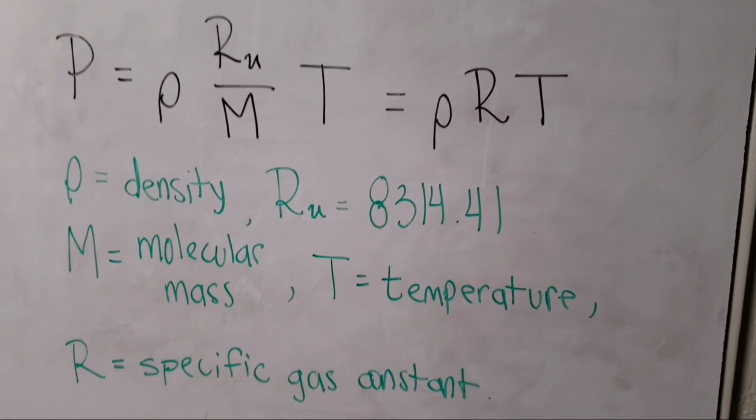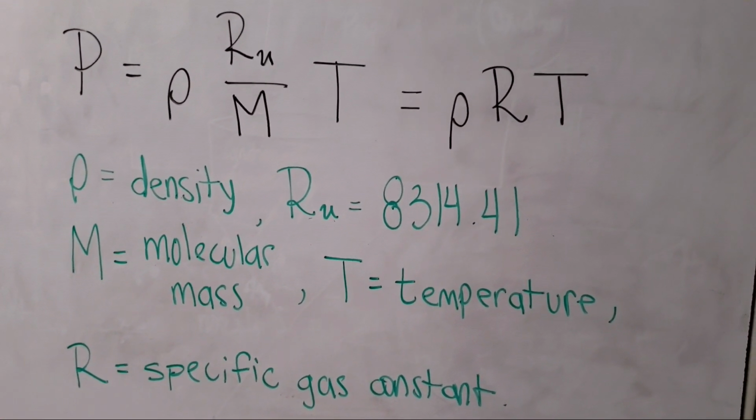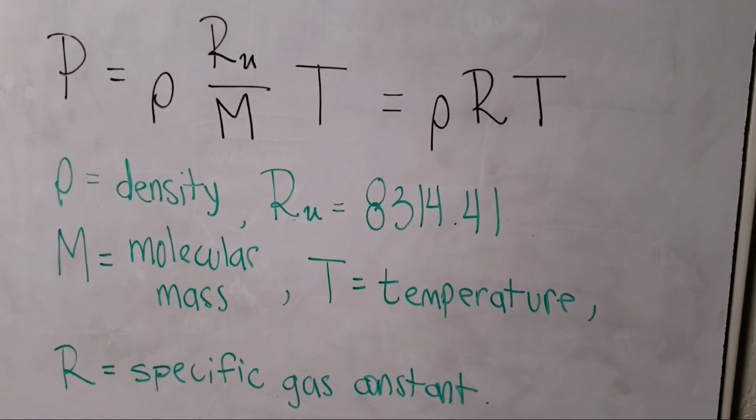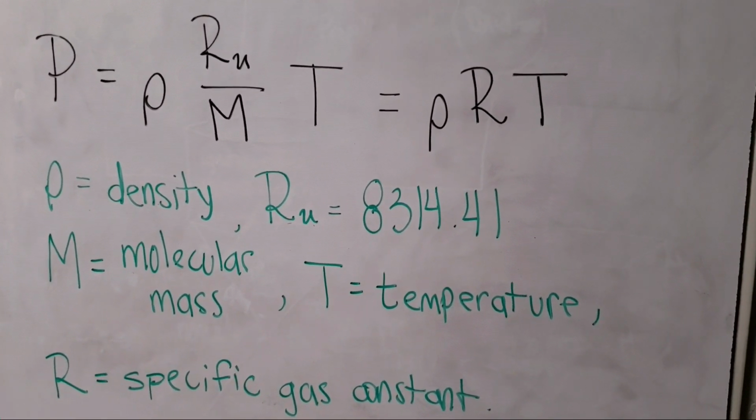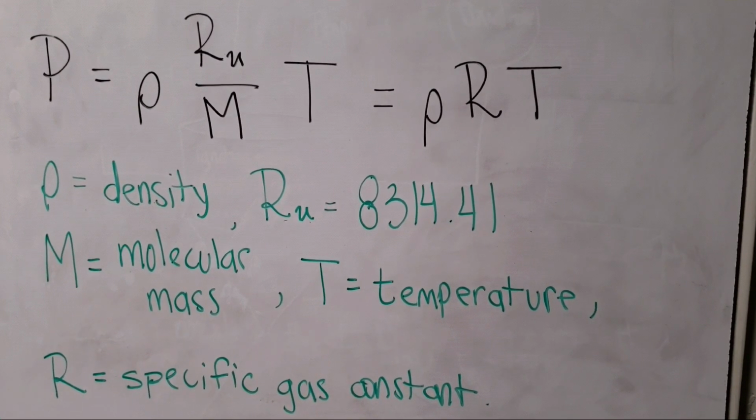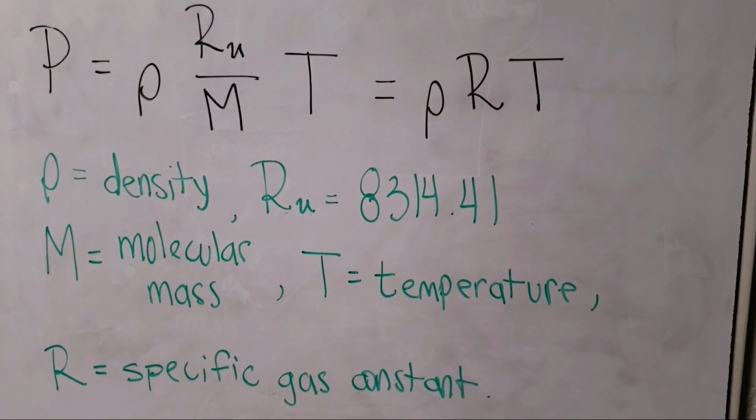But the main factor in this is the temperature, which is T. And so T is going to influence the pressure the most out of all of these variables. I mentioned in an earlier video that pressure is always going to flow from greater pressure to least pressure, just because of equilibrium things in the universe.